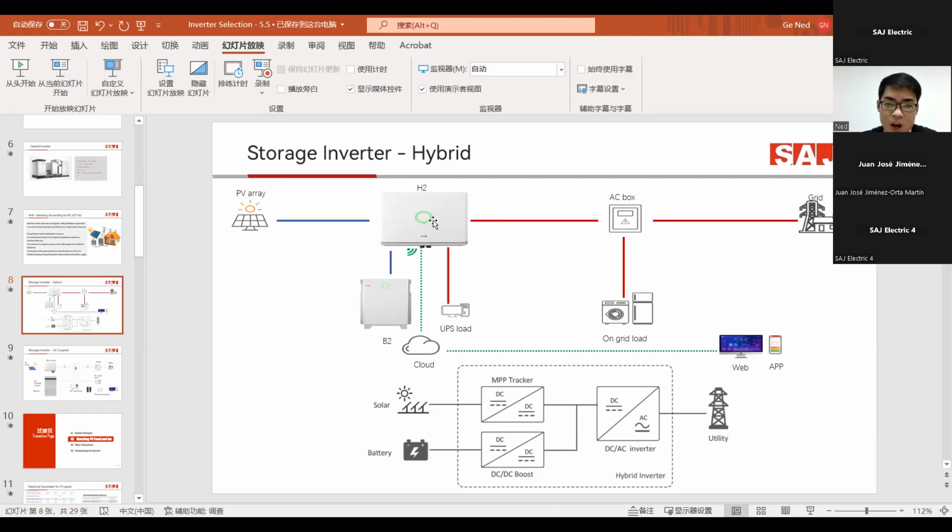And when the grid is out, the PV panels can keep working and the battery keeps working to energize the UPS load. We can see the internal diagram here.